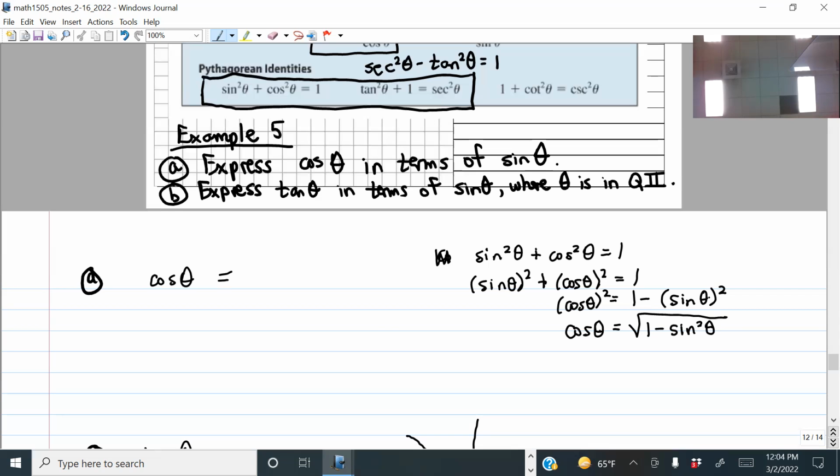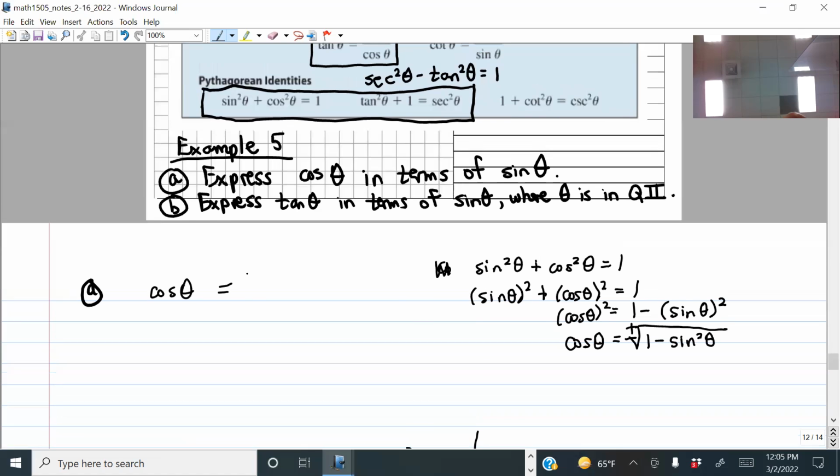But now, when you take the square root of a number, remember, how many square roots do you get? Two, one positive and one negative. So be careful that you include both possibilities. There we did it. There is the cosine of theta written in terms of the sine.